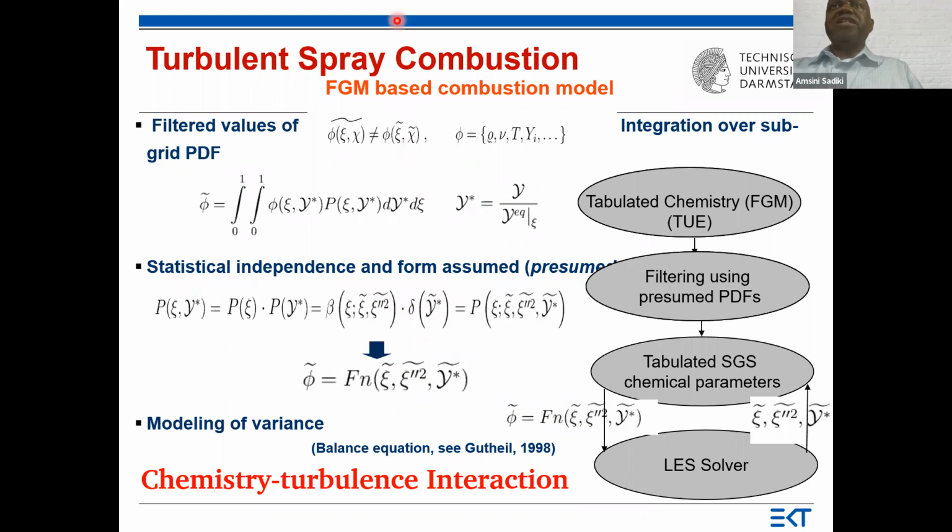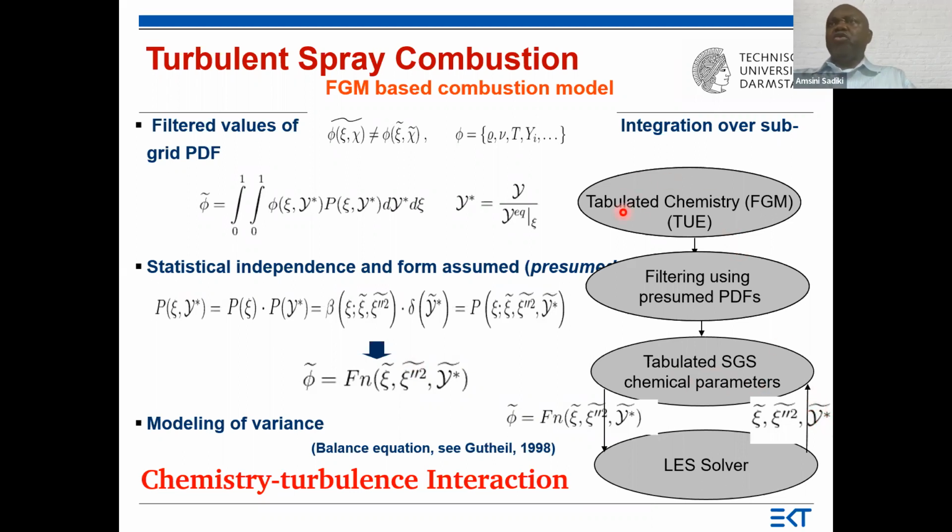For the progress variable we say that it is only a delta PDF, and then we have these. So we have to solve the mixture fraction equation, the variance, and the progress variable equation, so that we can store in this tabulated subgrid scale table the chemical parameters, depending on the mixture fraction, the variance, and the progress variable.